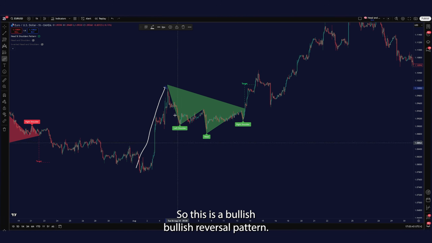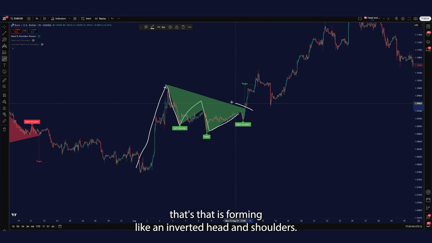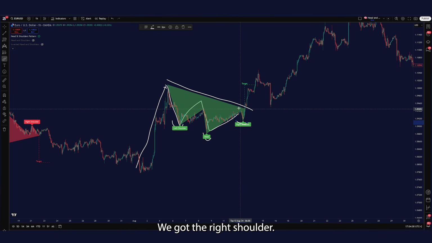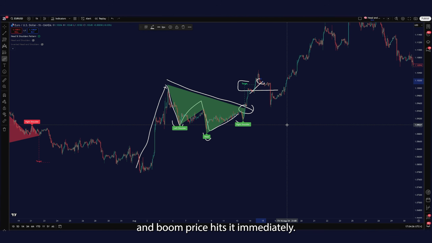So this is a bullish reversal pattern. After this big move, we have some consolidation area that is forming like an inverted head and shoulders. We got the left shoulder, the head, the right shoulder, and when the price breaks the neckline, the target is projected, and boom, price hits it immediately.